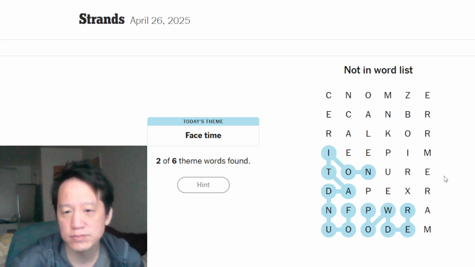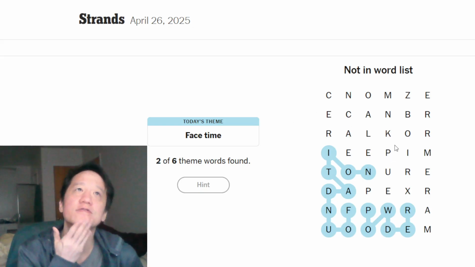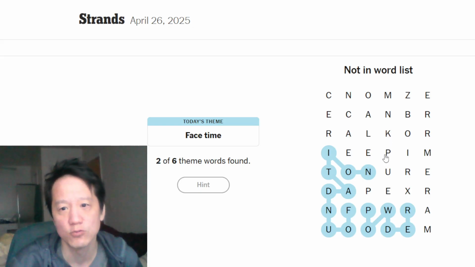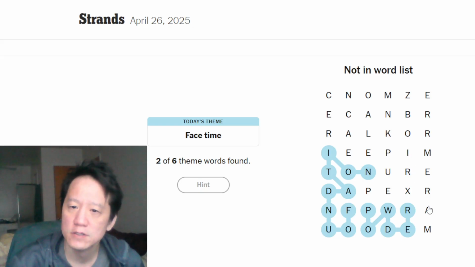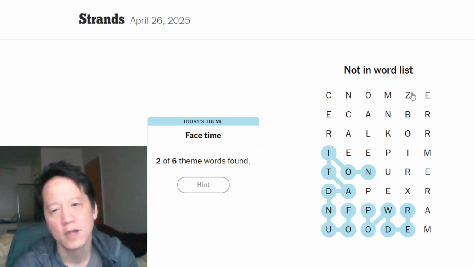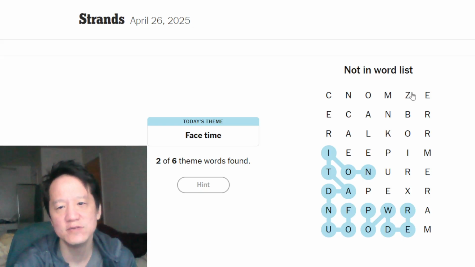So we have powder, foundation, things you put on your face. But I was thinking mascara, but that's eyes. That's not necessarily rouge. There's no G, so no. The Z is very strange. Okay, so how do you get Z? Zero.